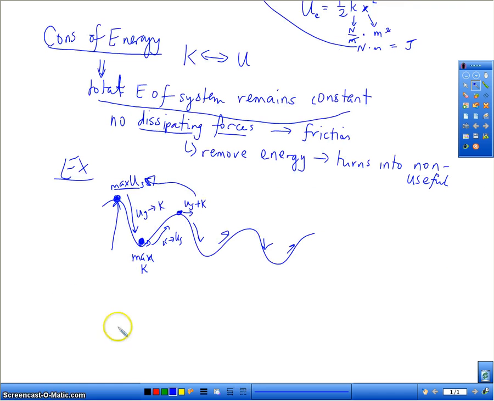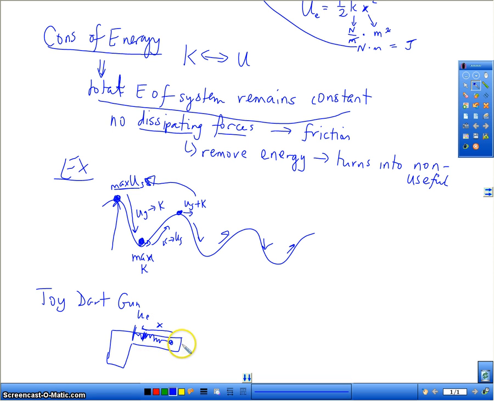Another example is a toy dart gun. With a toy dart gun, you have a spring-loaded gun that is minding its own business inside here, and then you compress it a certain amount. When you compress it, you give it some sort of elastic energy.